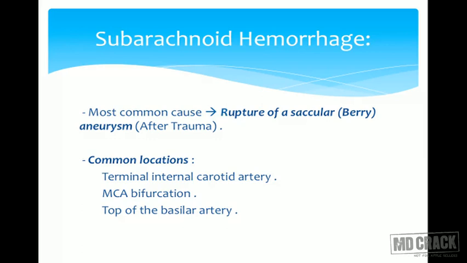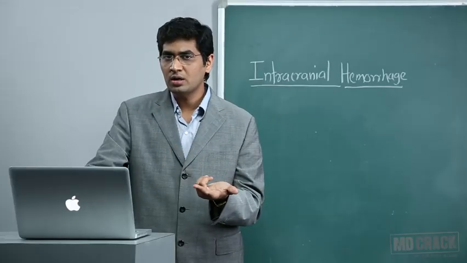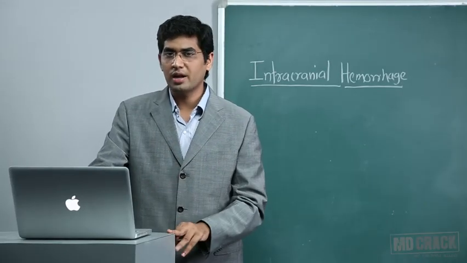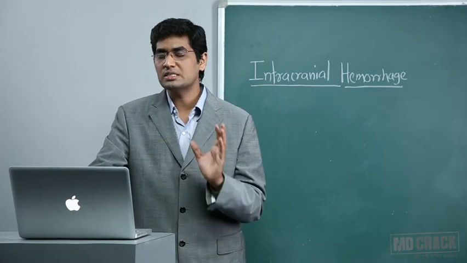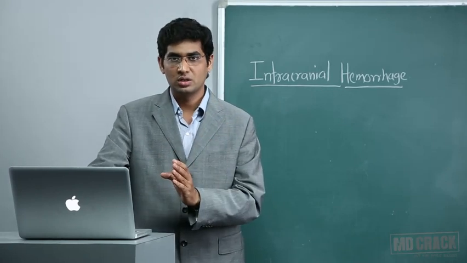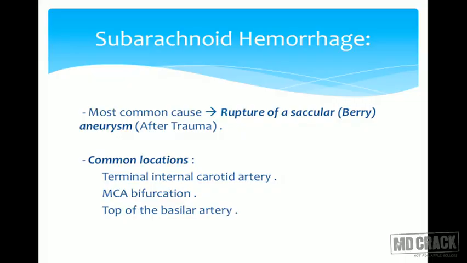And the commonest location. The next common MCQ asked regarding subarachnoid hemorrhage is: what is the commonest site? Your answer should be the terminal part of the internal carotid artery, it may be the anterior cerebral artery, and it may be the site of MCA bifurcation or the top of the basilar artery.